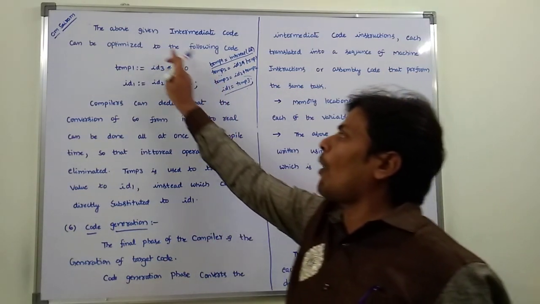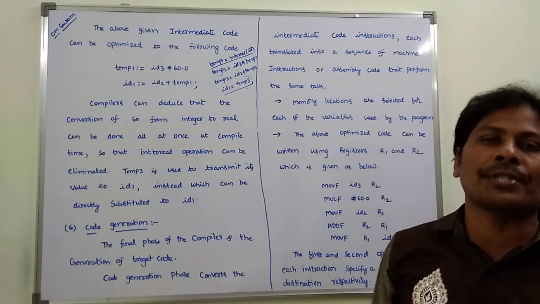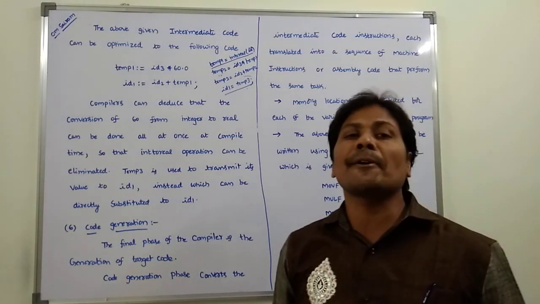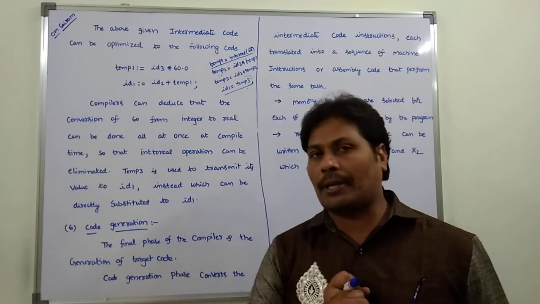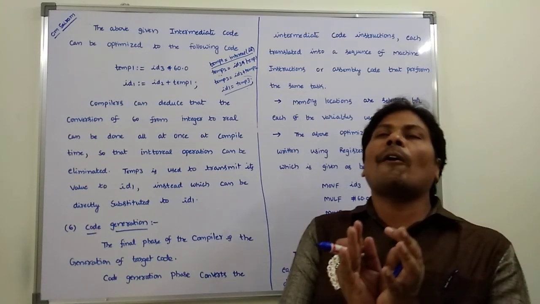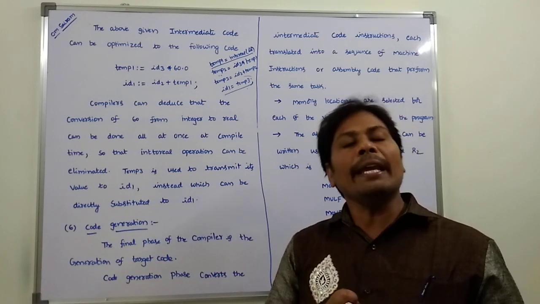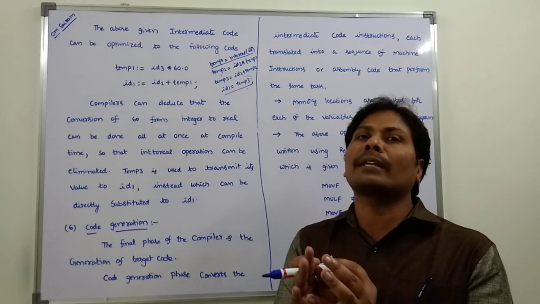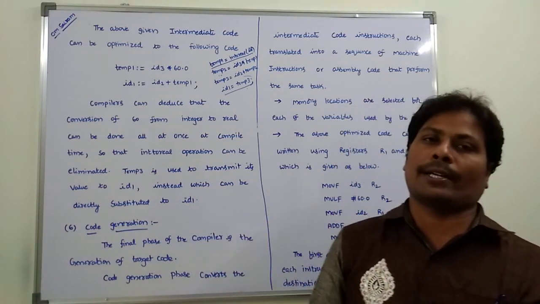Whatever optimized code we are getting through code optimization can be converted into a sequence of machine code instructions or assembly code instructions. The memory required for each of the variables can be assigned by the program, so the program can assign the memory for each and every variable used in the instructions.